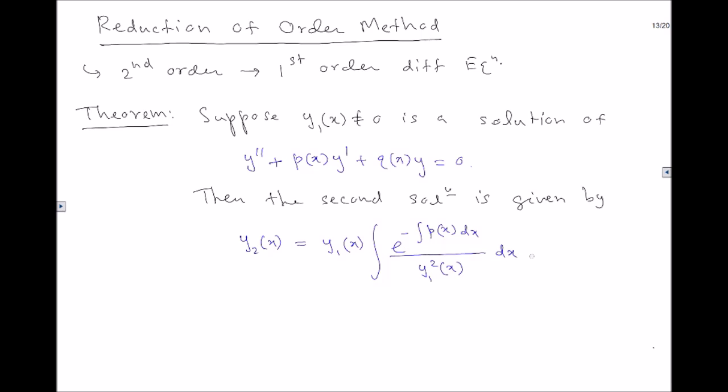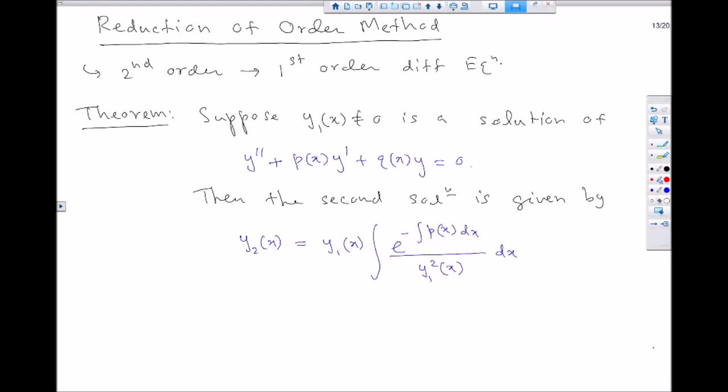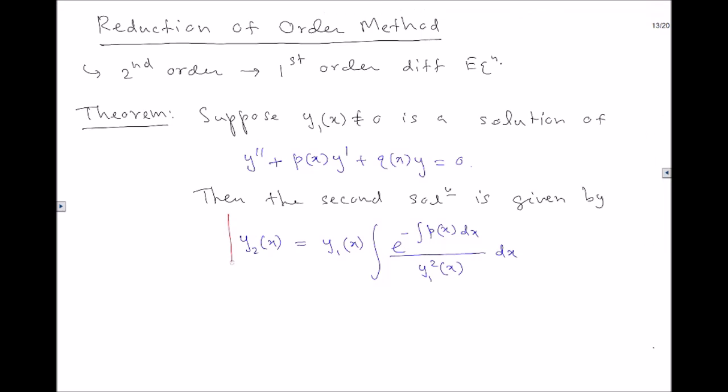So that is the formula for the reduction of order. Let's write it like that. So that's the reduction of order formula.